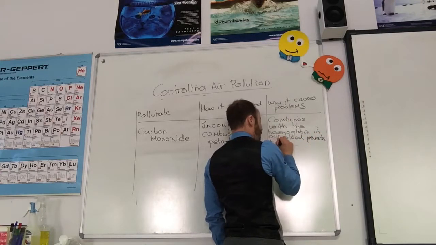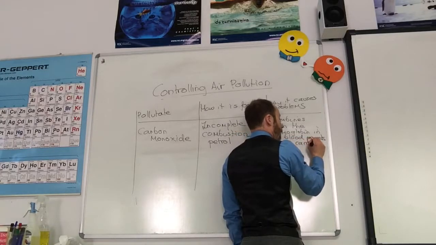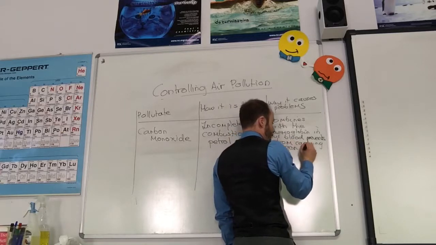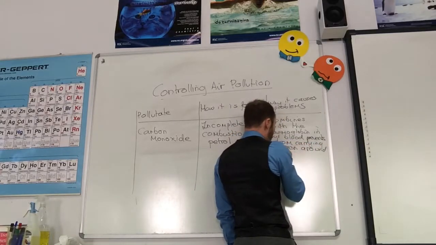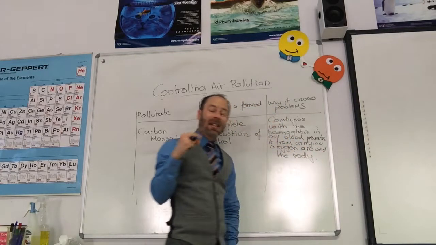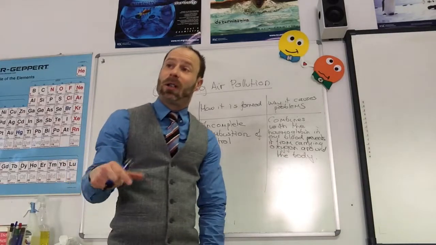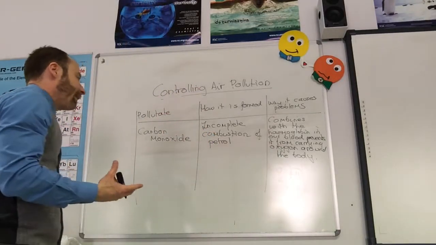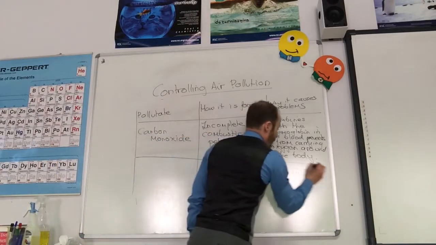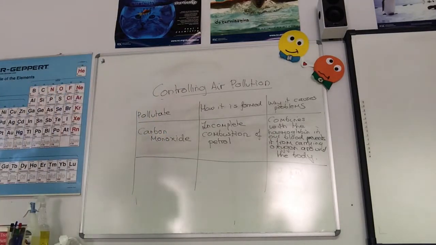Is it like it joins with the heme groups, so then there's no space for oxygen? Yeah, that's right. We look at this at A2. It combines with the iron ion in hemoglobin and stops it carrying oxygen around. So that's the first bad boy that we want to avoid coming into contact with.